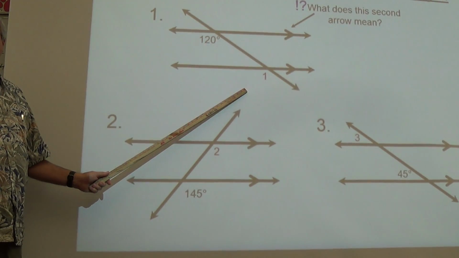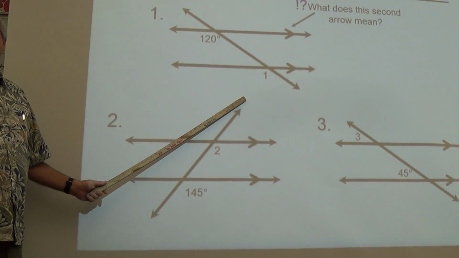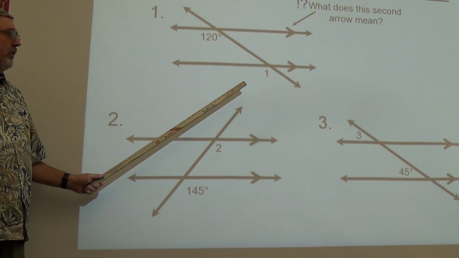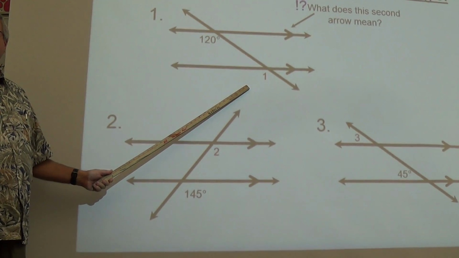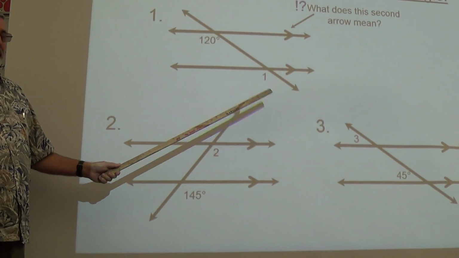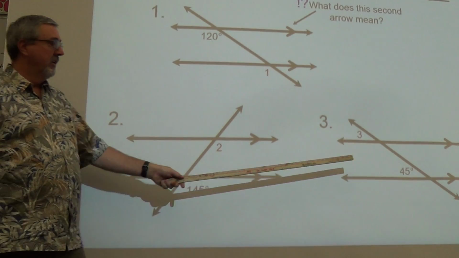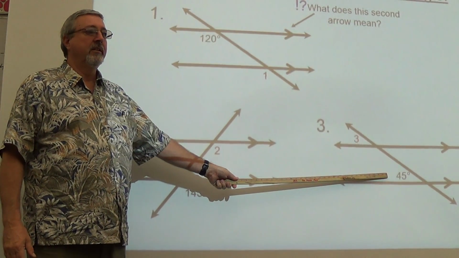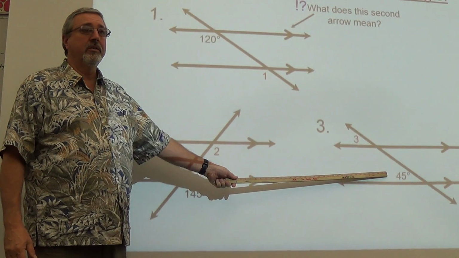Corresponding. Right? I said they were corresponding. What else do we know about them if they're corresponding in a set of parallel lines? They're congruent. What does that mean? They're the same size and shape. So if this one's 120, what is this one? 120. Are these two angles here corresponding? Are they in a set of parallel lines?